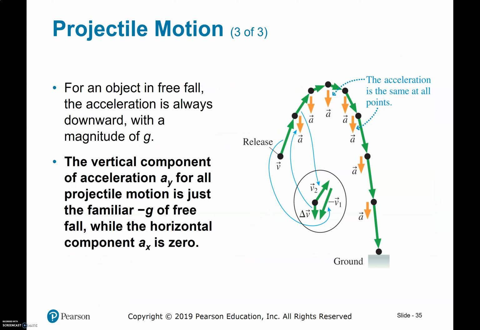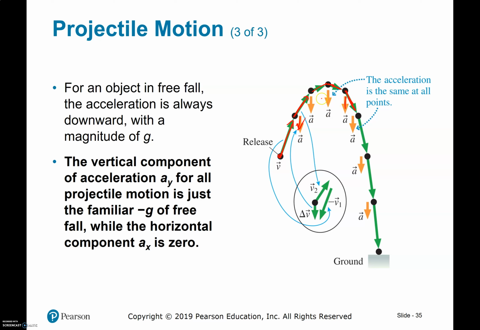Let's look at a motion diagram of a projectile motion. You start here with some initial velocity, and these are your velocity vectors. If you did that calculation, let's say you take this vector minus this vector, you would get this vector here divided by delta t. If you take this vector minus this vector, you would get this vector here.